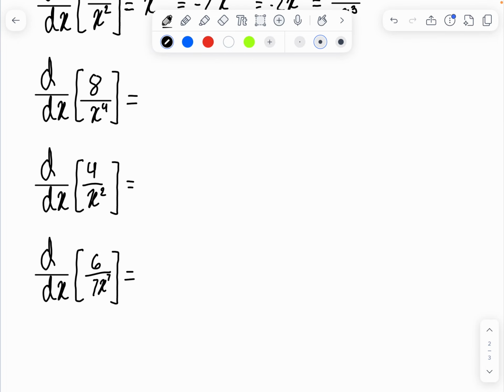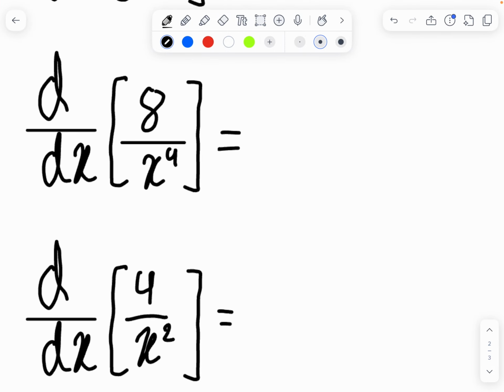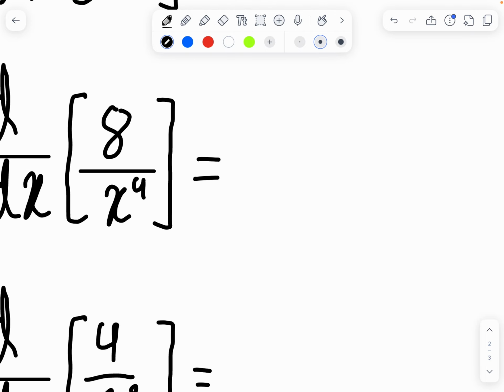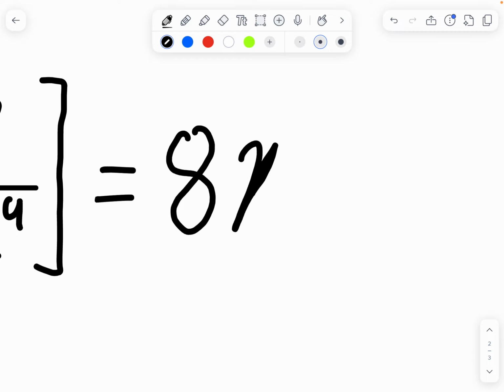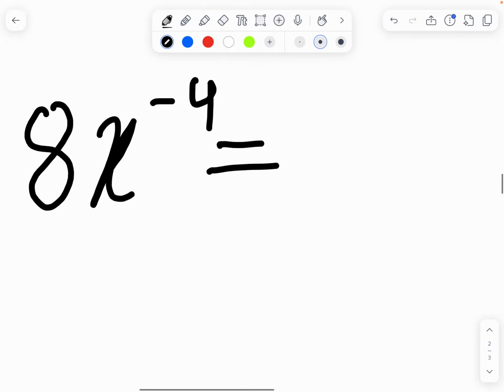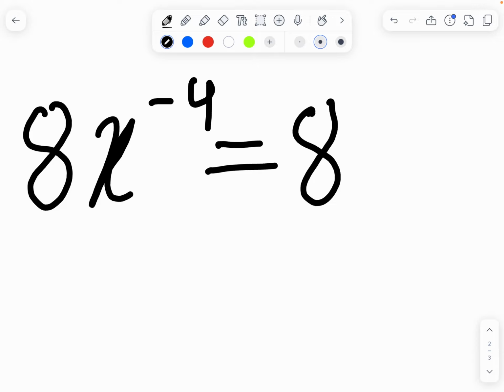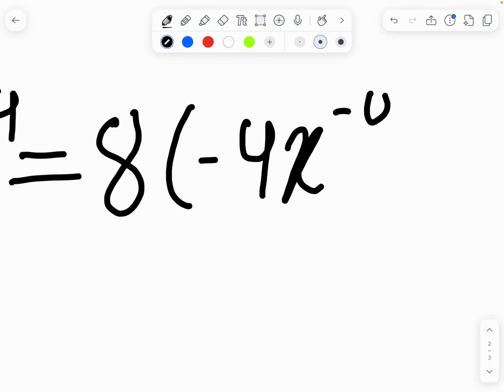Okay, hopefully you've paused the video. Now let's do our first question. So d over dx, this turns into 8 times x to the power of negative 4. This equals 8 times negative 4x to the power of negative 4 minus 1.